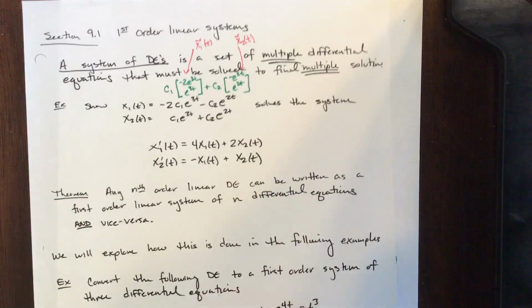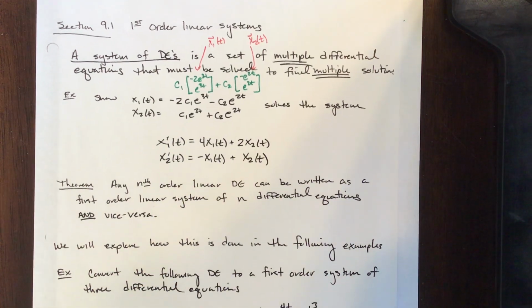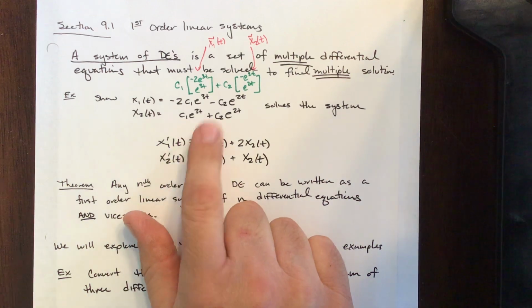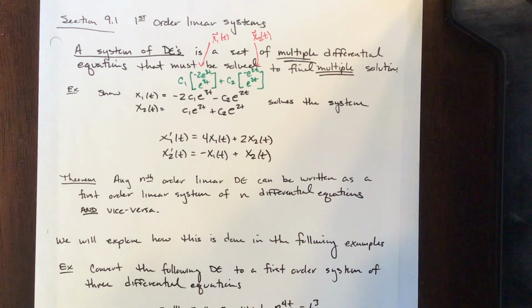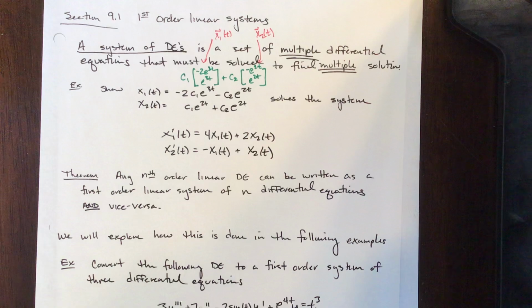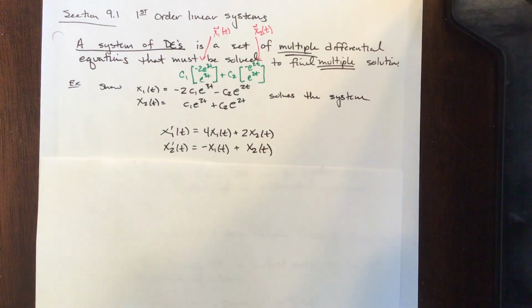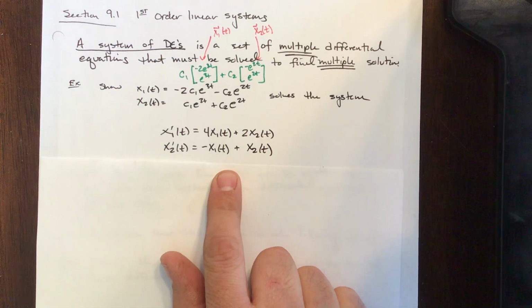Now, way back when we started this, we were tasked with solving this system of differential equations, and I told you what the answer was. Suppose I didn't tell you what the answer was. Suppose I said, we're going to solve this.